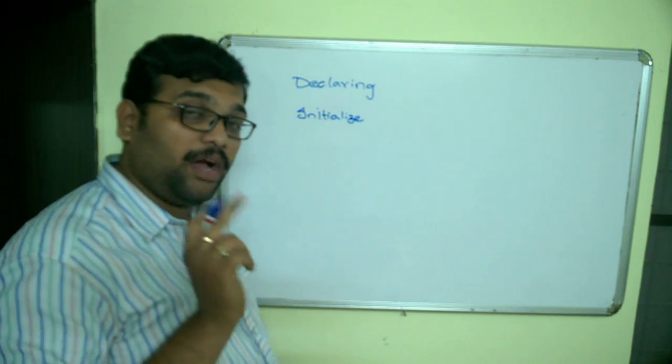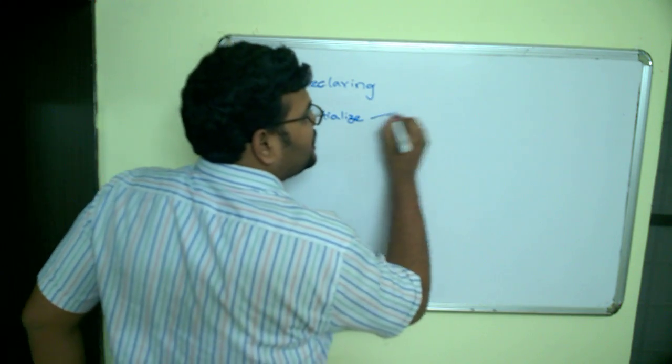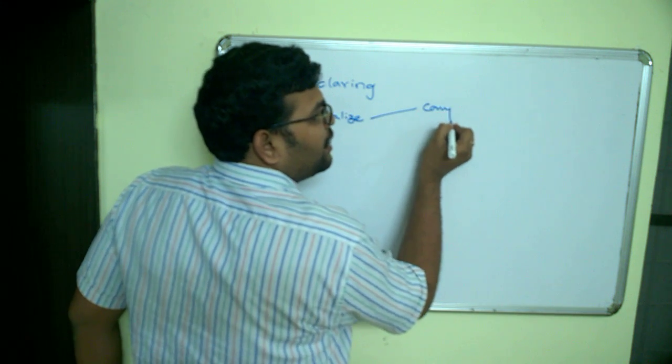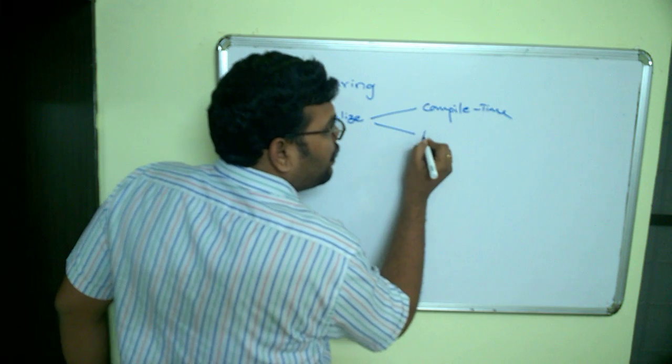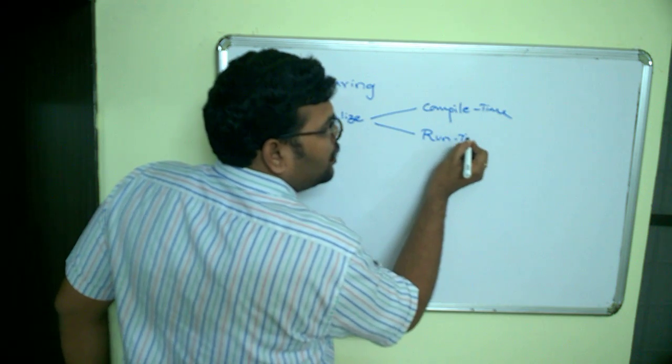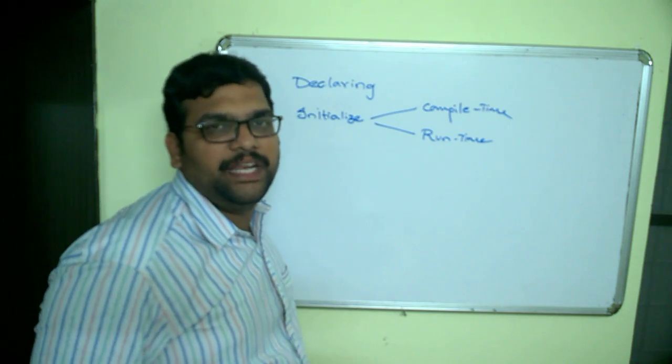That means we have to assign a value to the variables. This initialization can be at compile time and runtime. By using any one among these two, we have to initialize a variable.